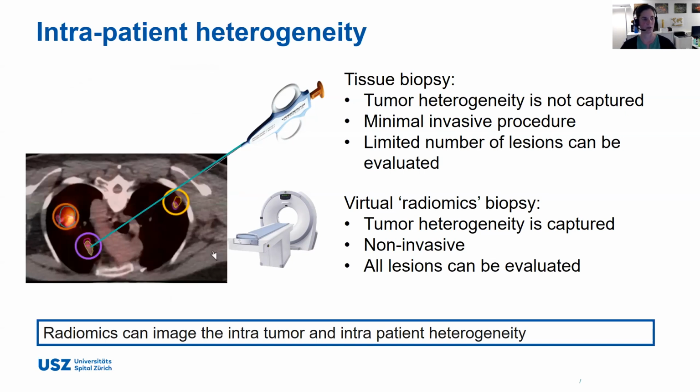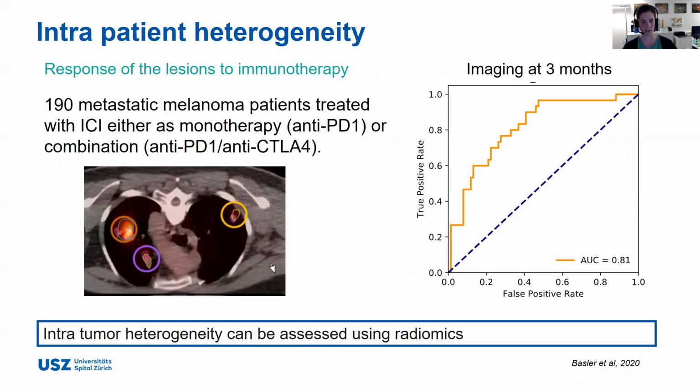Additionally, with imaging, we can not only capture one lesion, but we can capture the differences between lesions. So we can look into one lesion and see if they, within the same patient, behave similarly. This we have done for a set of 190 metastatic melanoma patients with at least 2 metastases. And we looked at over 500 lesions, and we did not look at how the patient is responding, but how a certain lesion is responding.